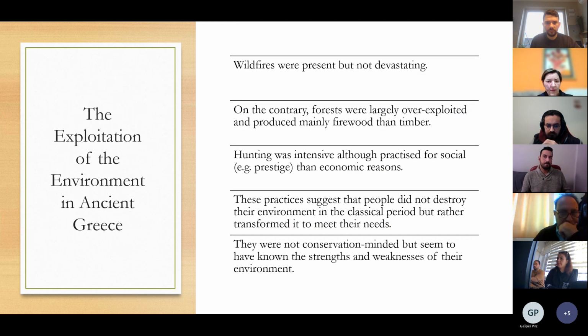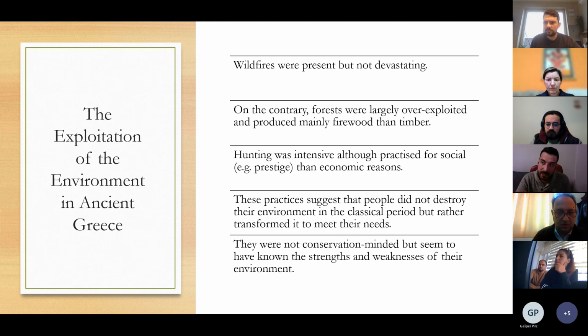So there were some kinds of destruction in the environment, like wildfires, and they were present, but not that devastating. On the contrary, forests were largely overexploited, mostly used for firewood rather than timber, while hunting was intensive, although practiced for social reasons and not for economic reasons in most cases.